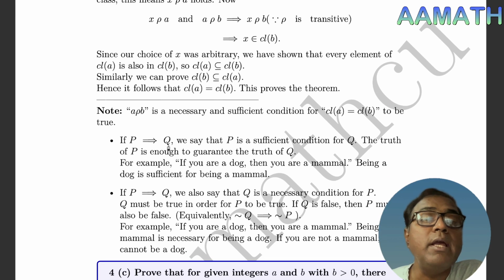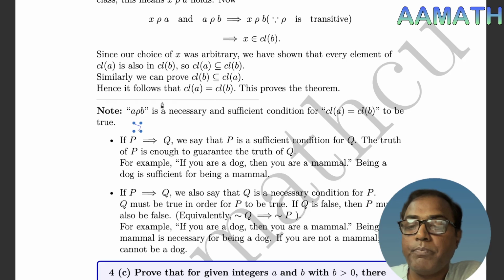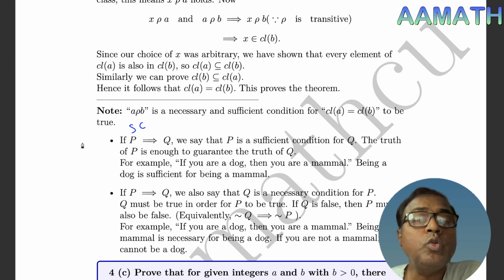What is the necessary and sufficient condition? If P is a mathematical statement and Q is a mathematical statement, and P implies Q, we say that P is a sufficient condition for holding Q. The truth of P is enough to guarantee the truth of Q. For example, if you are a dog, then you are a mammal.